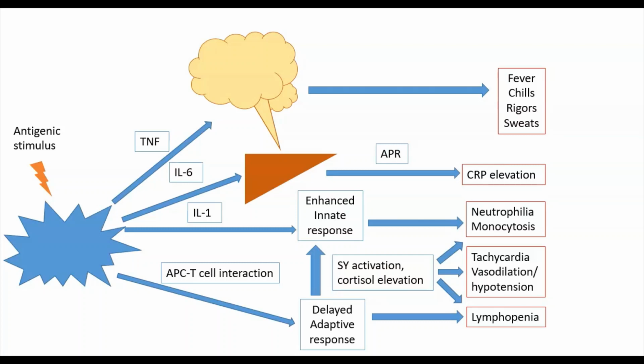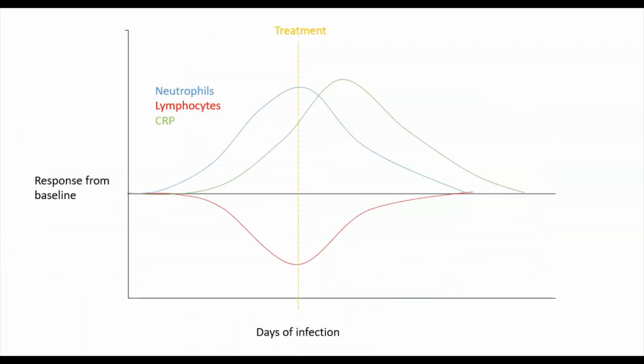However, once the antigenic stimulus has been identified and adequately treated, so for example, the source of infection has been identified and the appropriate antibiotics have been administered, the clearance of the bacteria and hence the antigenic stimulus will lead to a loss of the signal, specifically the IL-6, to the liver to produce CRP. And so the CRP production will essentially turn off.